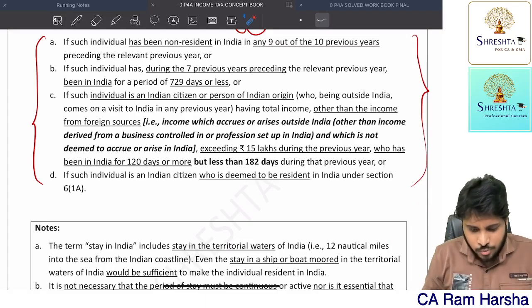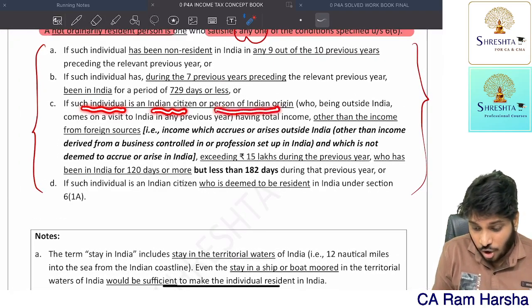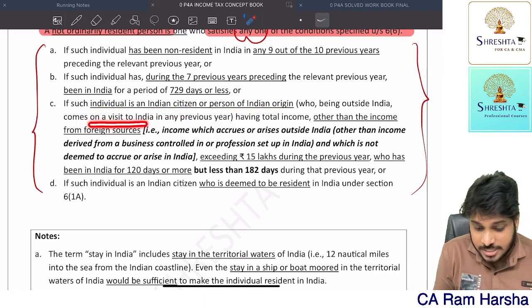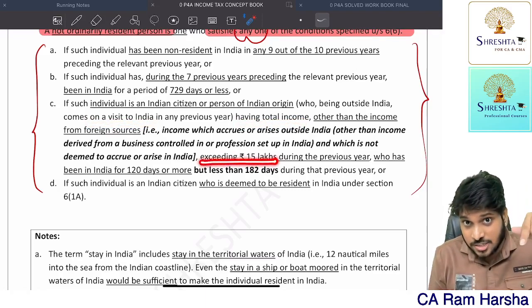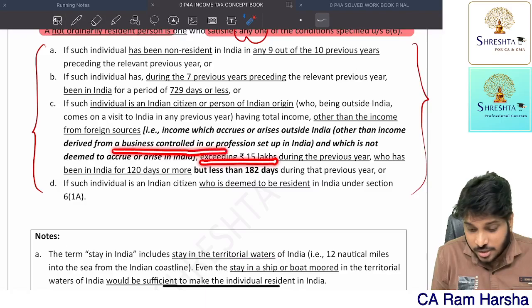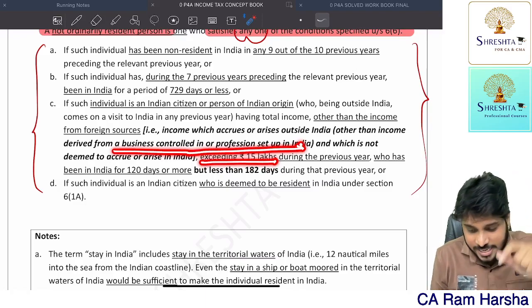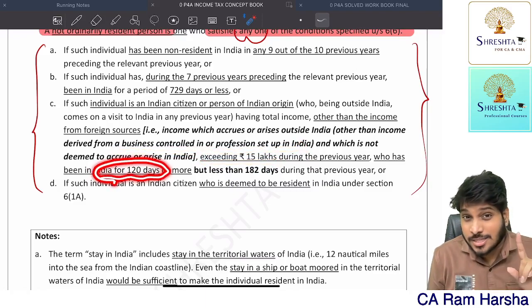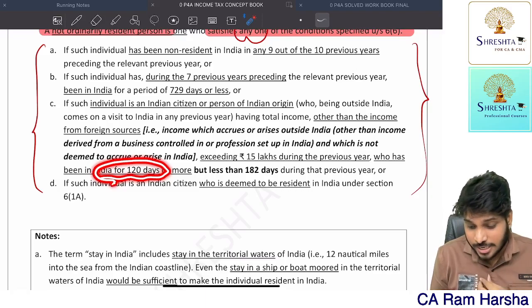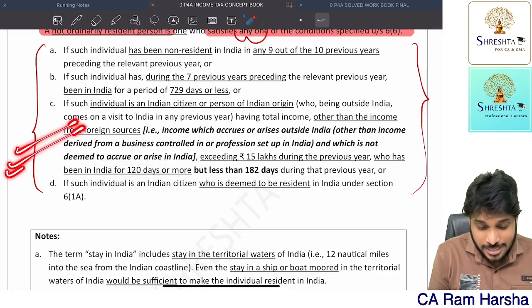Suppose you are an individual, an Indian citizen or person of Indian origin, visiting India, and having total income exceeding 15 lakhs from Indian sources, including business controlled or profession set up in India but outside, controlled from India. That is also treated as Indian source. And you are there in India for 120 days, but less than 182 days. You are also treated as what?